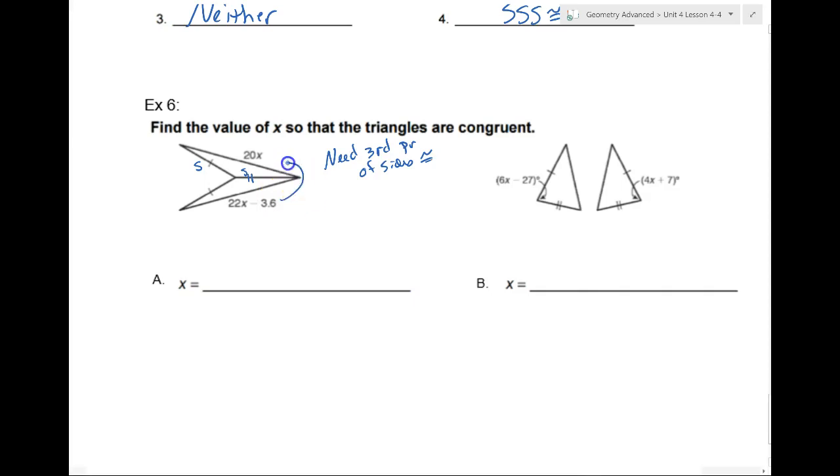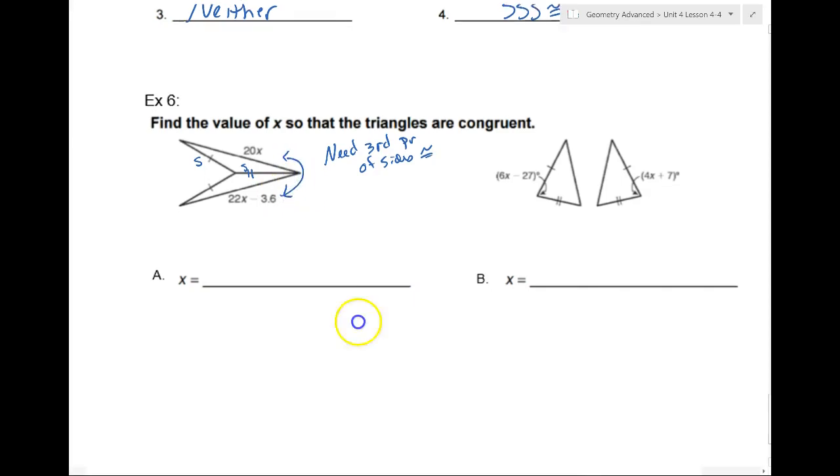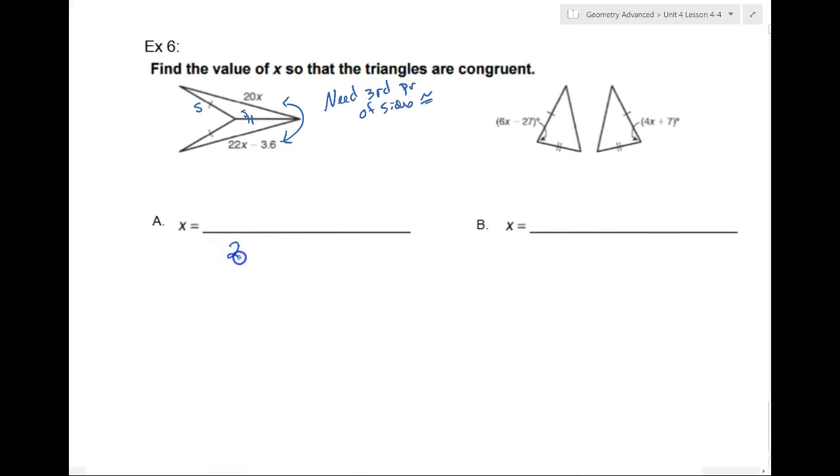Congruent. So I need that third pair congruent. So what are we going to do? We're just going to set it equal to each other. So 22x minus 3.6 is equal to 20x. Subtract it over, negative 3.6 equals negative 2x. X is going to equal 1.8.